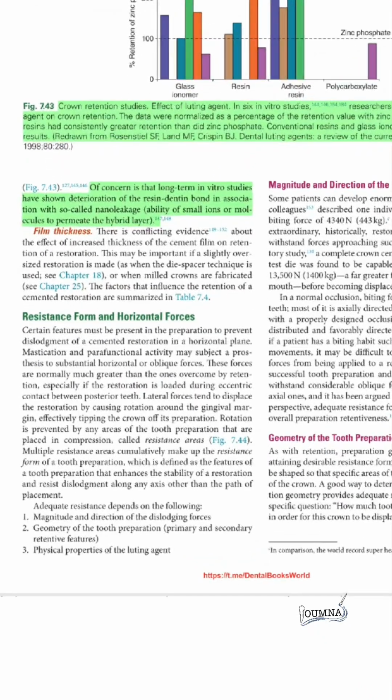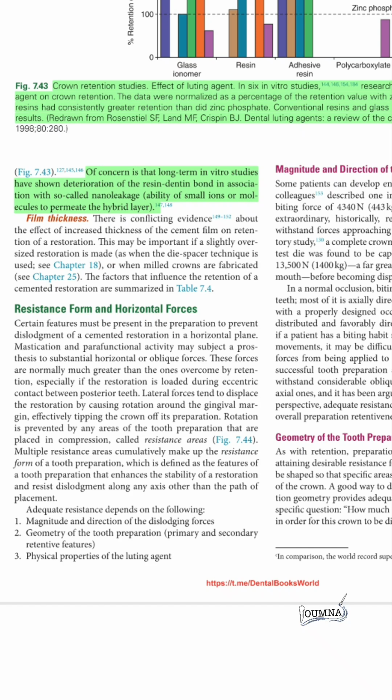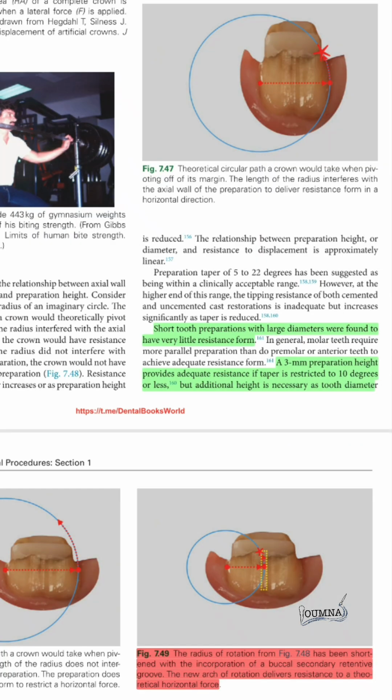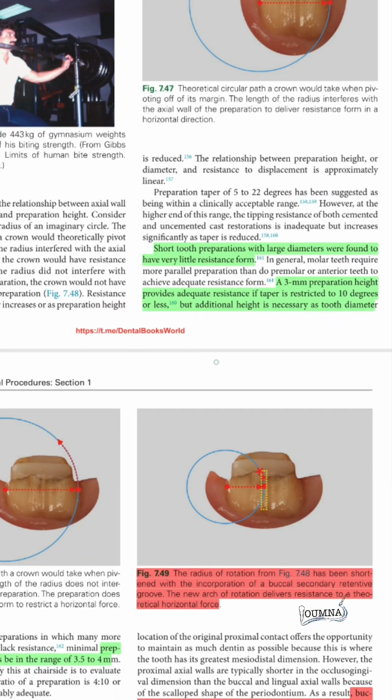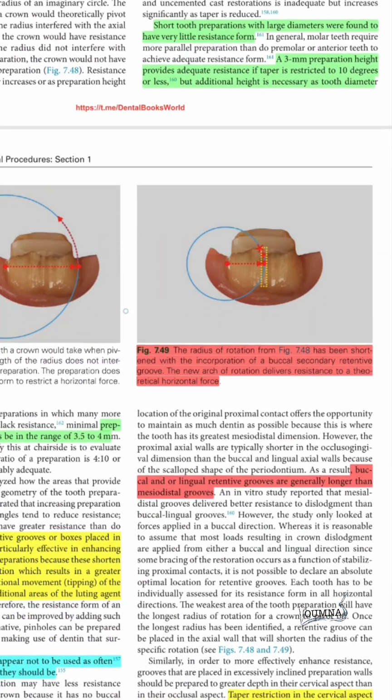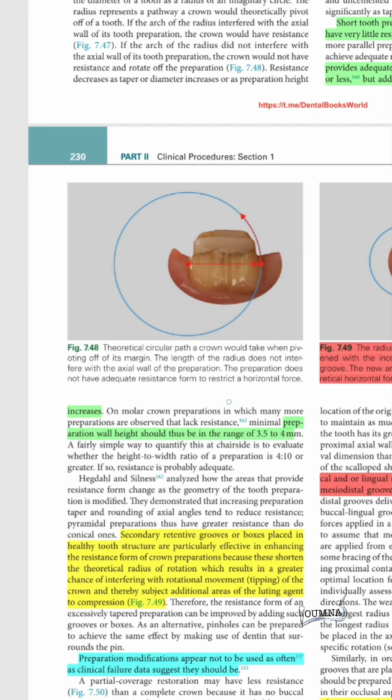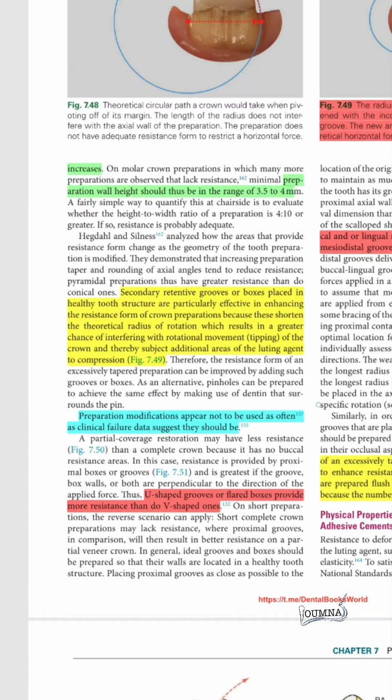Long-term studies have shown that there is a deterioration of the resin-dentine bond in association with nanoleakage, where small ions or molecules permeate the hybrid layer. A 3 mm preparation height provides an adequate resistance, but additional height is necessary as the tooth diameter increases. So a range between 3.5 to 4 mm is sufficient.